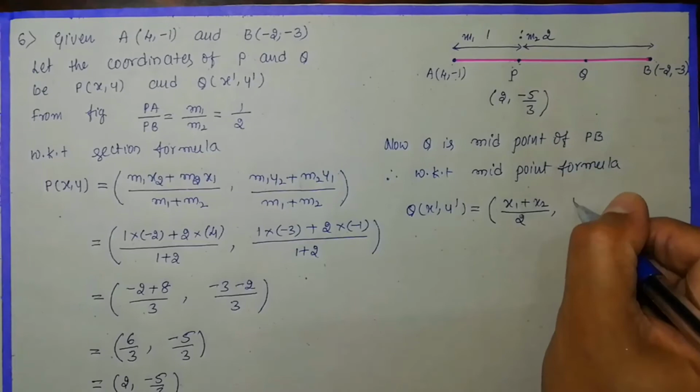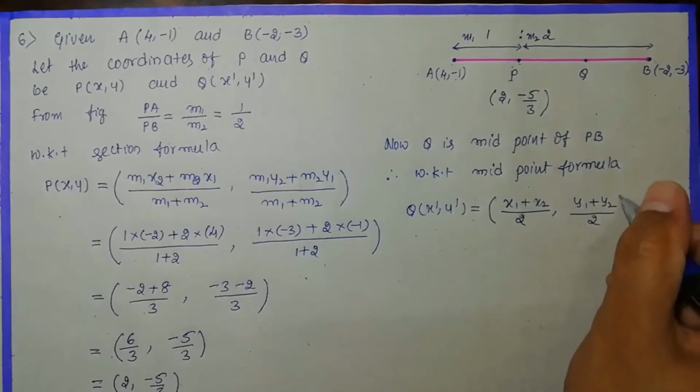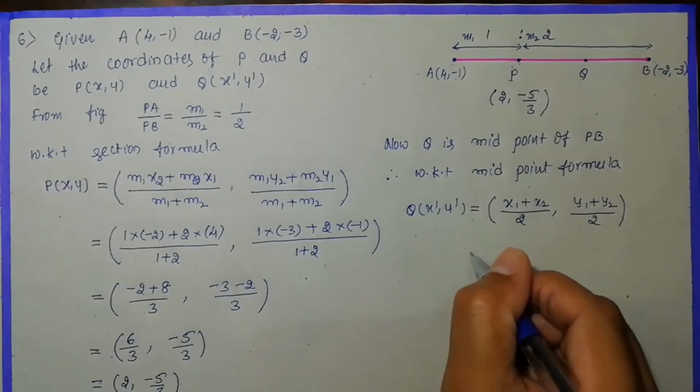Then what is the y coordinate? Just addition divided by 2: y1 plus y2 divided by 2. It's very easy actually, the midpoint formula.